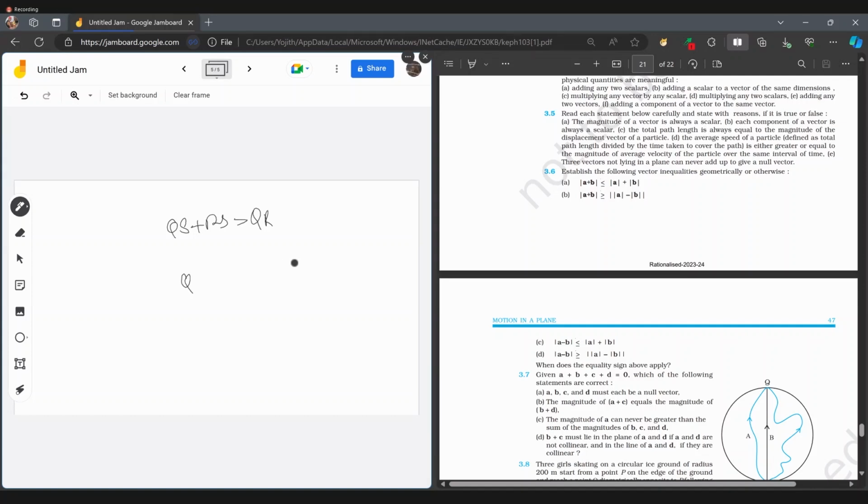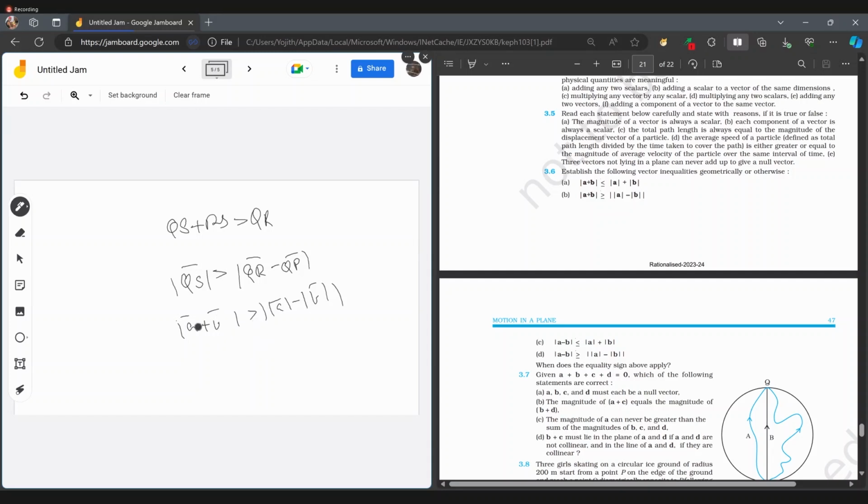Okay, this will give us A plus B whole mod is greater than A mod minus B bar mod. Okay, ఈ రెండు ఒకే లైన్ మీద యాక్ట్ చేసాయంటే విల్ బి గెటింగ్ A equal to sign over here.